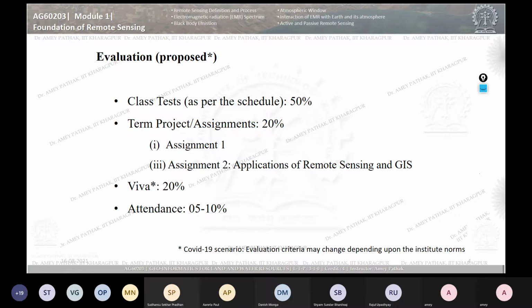Then term project and assignment consists of 20% of the marks, which includes assignment 1 and assignment 2. Assignment 2 is a semester-long assignment. Assignment 2 you have to submit at the end of your classwork, whereas assignment 1 can be submitted depending on the deadline. Then Viva 20% and attendance around 5 to 10%.